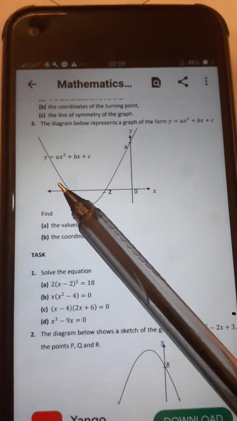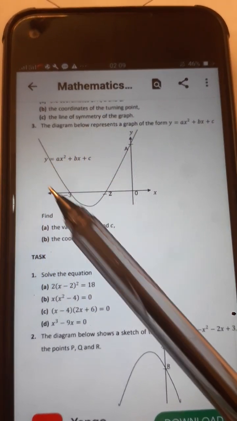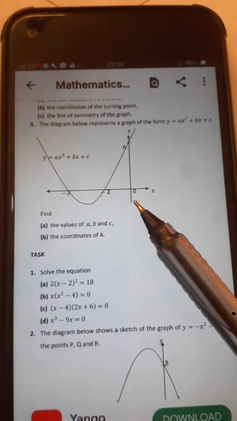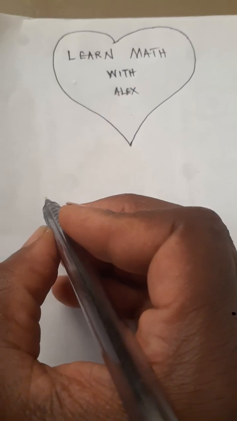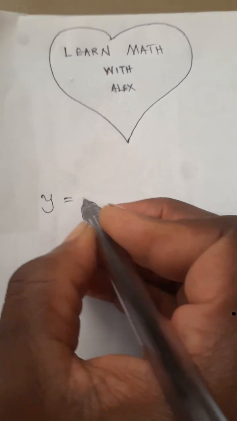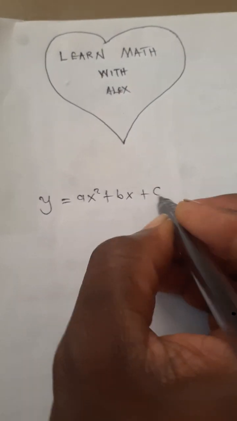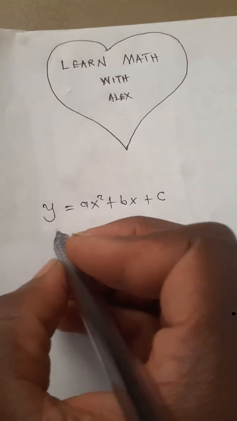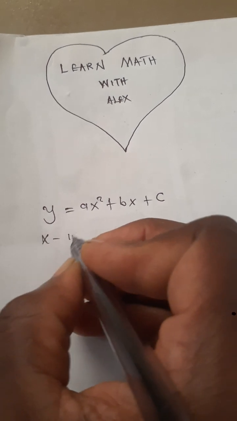This happens when the value of y is 0, because on the x-axis the value of y is 0. So we are saying y is equal to ax squared plus bx plus c.